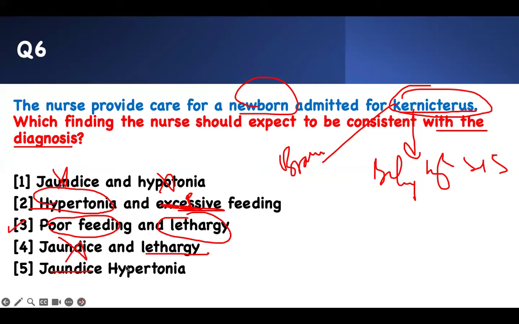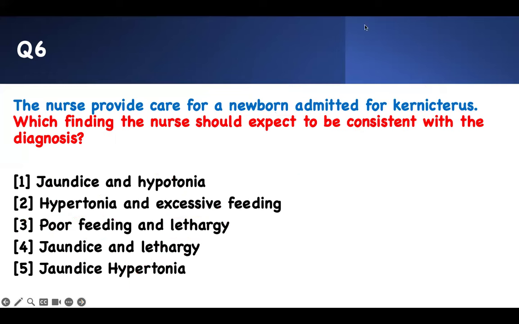Jaundice is not one of them. This question is emphasizing that the definition of kernicterus does not include jaundice, even though jaundice causes the problem. Therefore, there's only one answer choice. It's a select all that apply, so if you pick more, you're going to get it wrong.